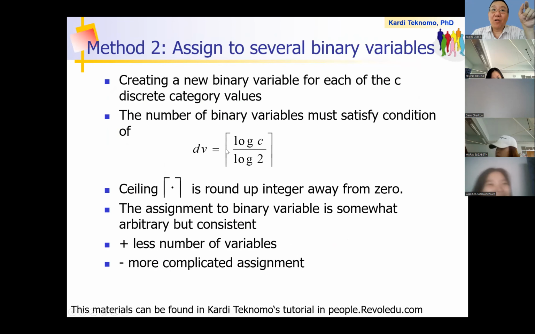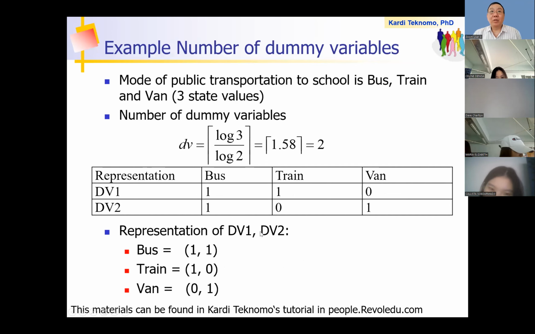The number of variables depends on the number of discrete values, C, and then you divide by 2, and then you take the ceiling. Ceiling means round up. The assignment of the binary variables is somewhat arbitrary as long as it's consistent. So I'll give you examples so that you will know.